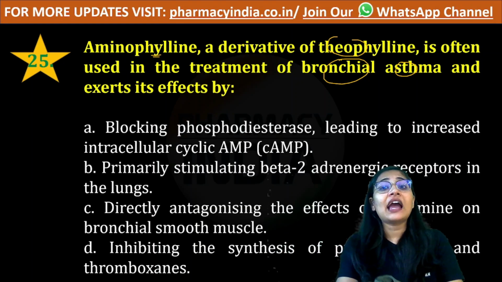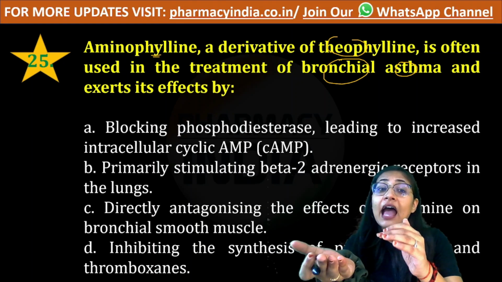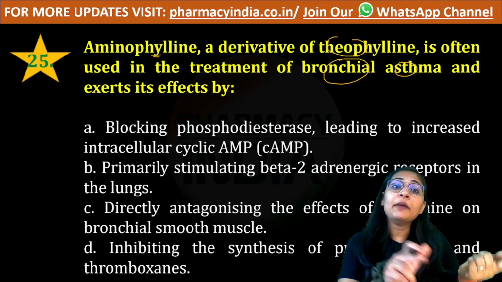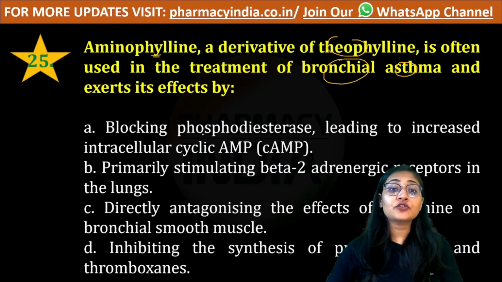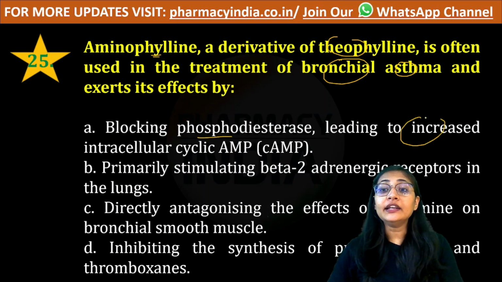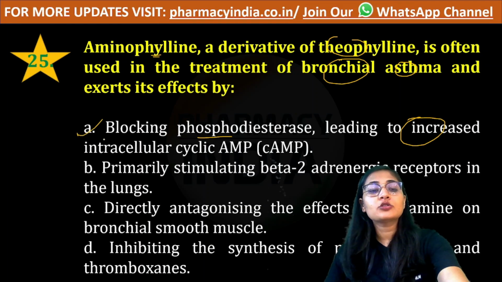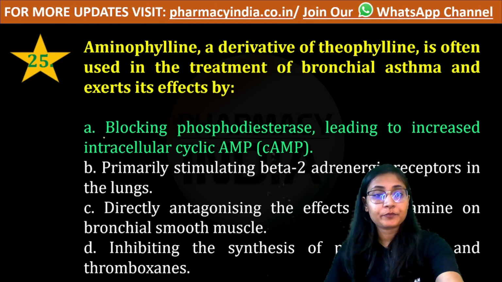This was the mechanism of action of theophylline. As aminophylline is a derivative of theophylline, it works on a similar principle. Aminophylline will also block the phosphodiesterase enzyme and lead to an increase in intracellular cyclic AMP. So option A is correct.